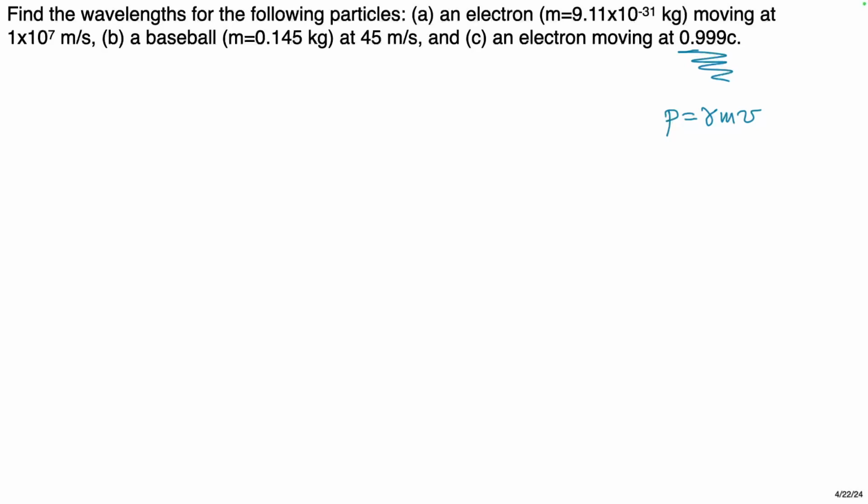So just realize that if you are ever given information about the speed of something as a fraction of c, relativity is hiding somewhere, right? And you probably have to calculate, in this case, the relativistic momentum. Just to warn you.